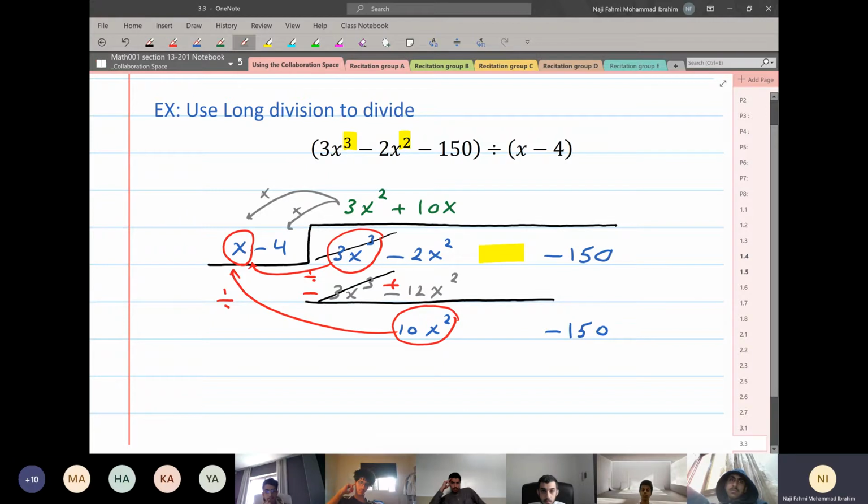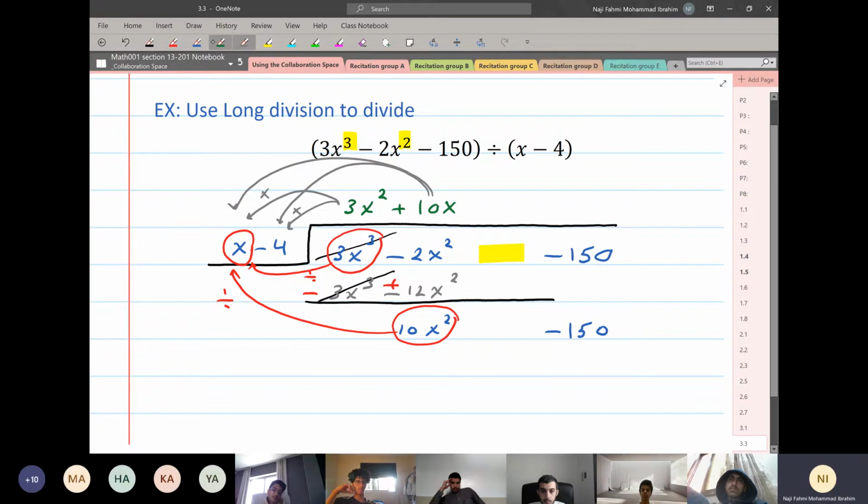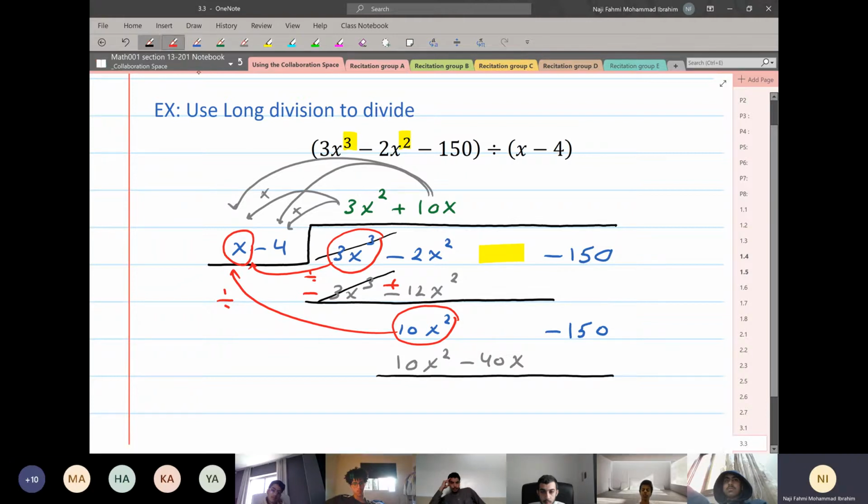Now again I will multiply the 10x by both of the terms of the divisor. And the answer will become what now? 10x times x is 10x squared, and 10x times -4 is -40x. Look, where did I put -40x, Shabab? Beneath the blank term.